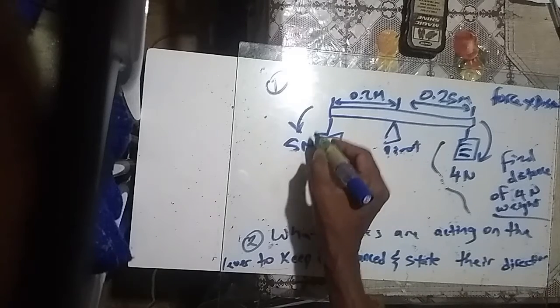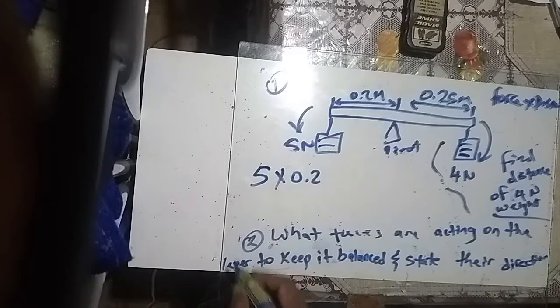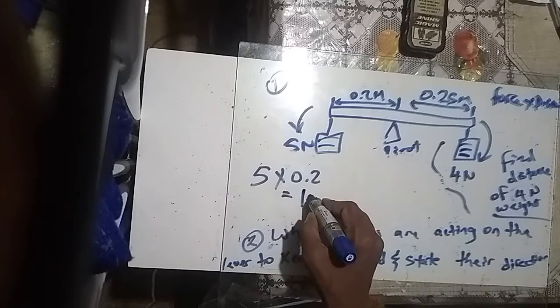So we say 5 times 0.2, what is that equal to? 5 times 0.2 is equal to 1 Newton meter.